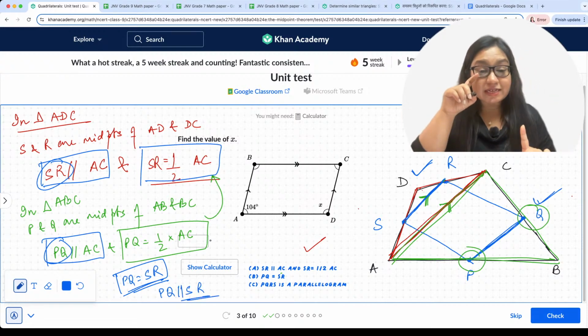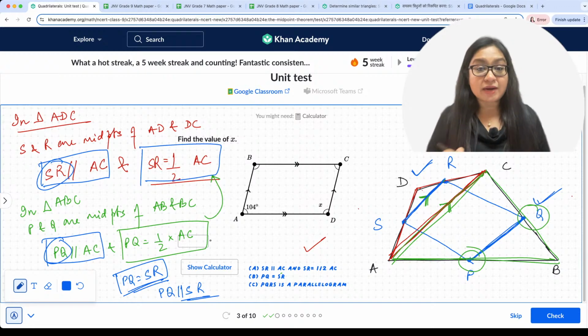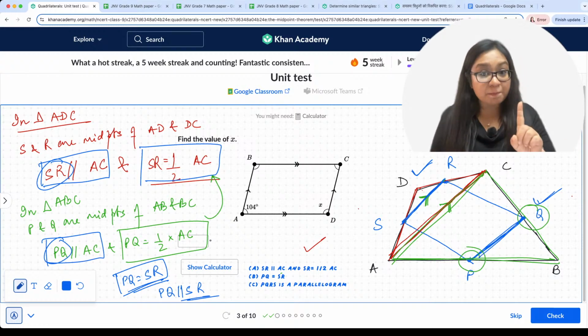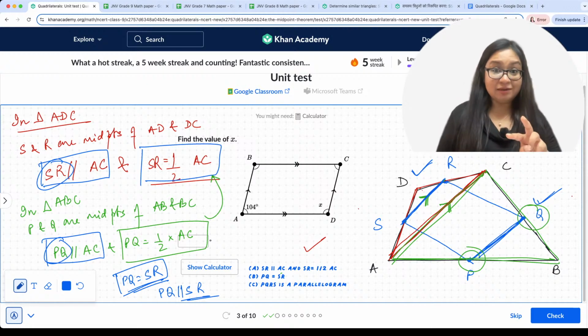And now I can say that in quadrilateral PQRS, I have PQ and SR as one pair of opposite sides that are equal and parallel.